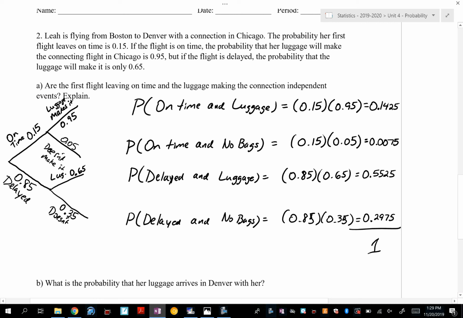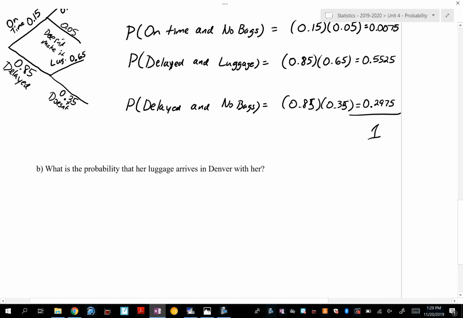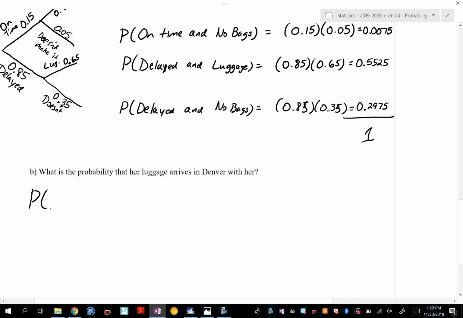In which of these 4 options does she get her bags? The first one and the third one. So all I'm going to do in part B is add the probability that her flight is on time and bags plus the probability that it's delayed and bags.